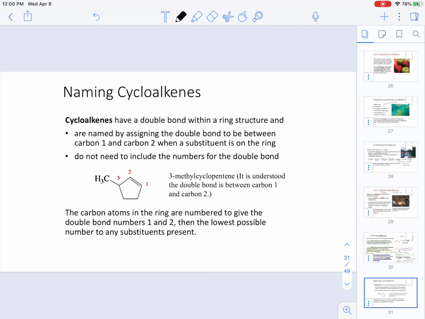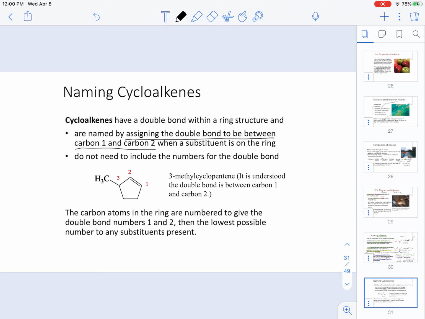When it comes to alkenes, similar to alkanes, we can have them in cyclic form. So cycloalkenes are going to have a double bond within the cyclic ring structure. Now, when we are naming cycloalkenes, understand that we are going to be assigning the double bond the carbons 1 and 2, and when a substituent is present, understand that the priority we are going to give is to the carbon-carbon double bond.